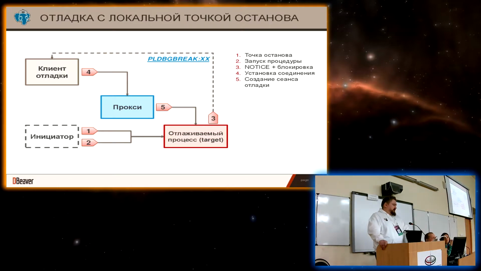An important thing, there are two big types of debugging: local point of stop debugging and global point of stop debugging. Here I will describe various scenarios for initiation. The local breakpoint means that it is localized.